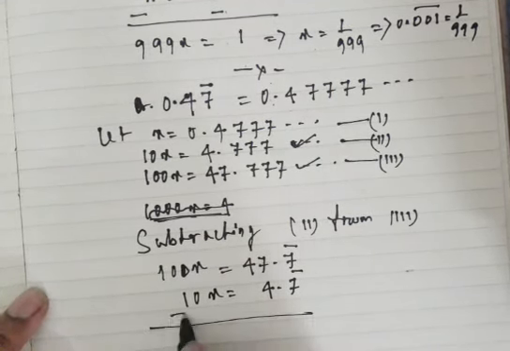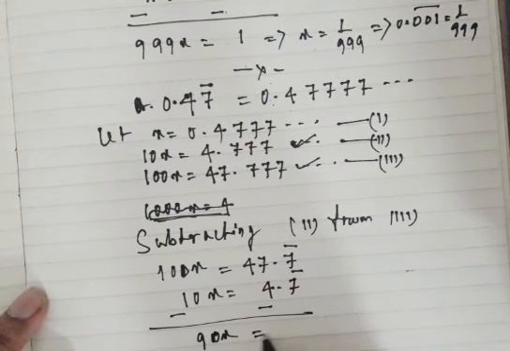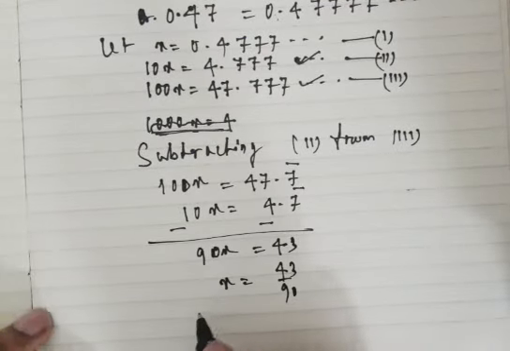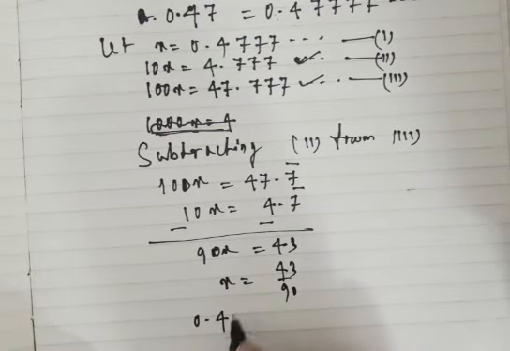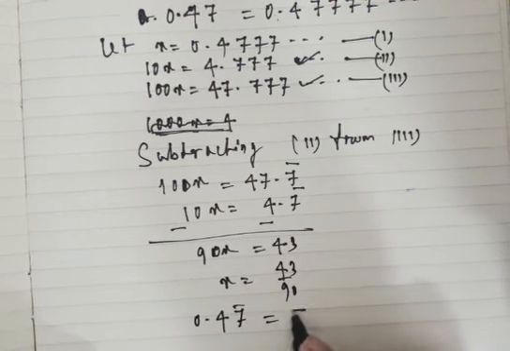So this gives us 90x is equal to 43, or x equal to 43 by 90. So we can say 0.47 bar equals 43 by 90.